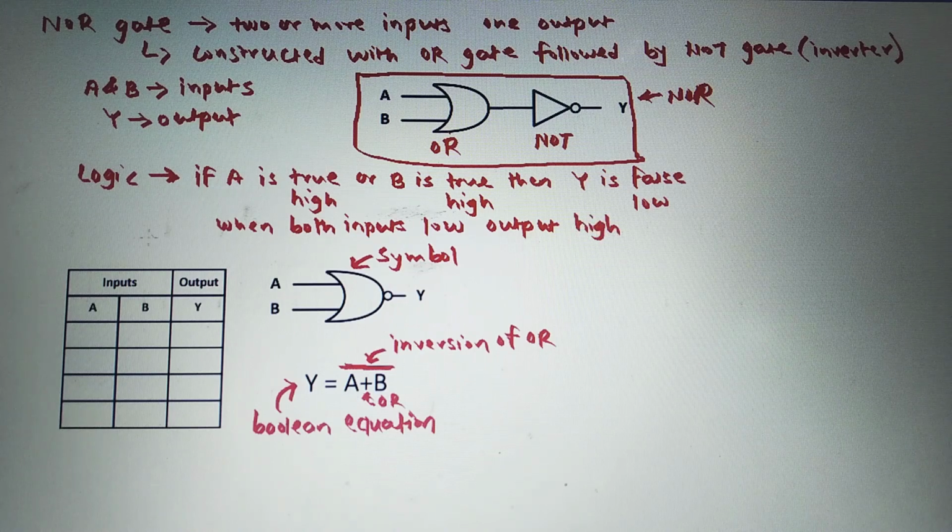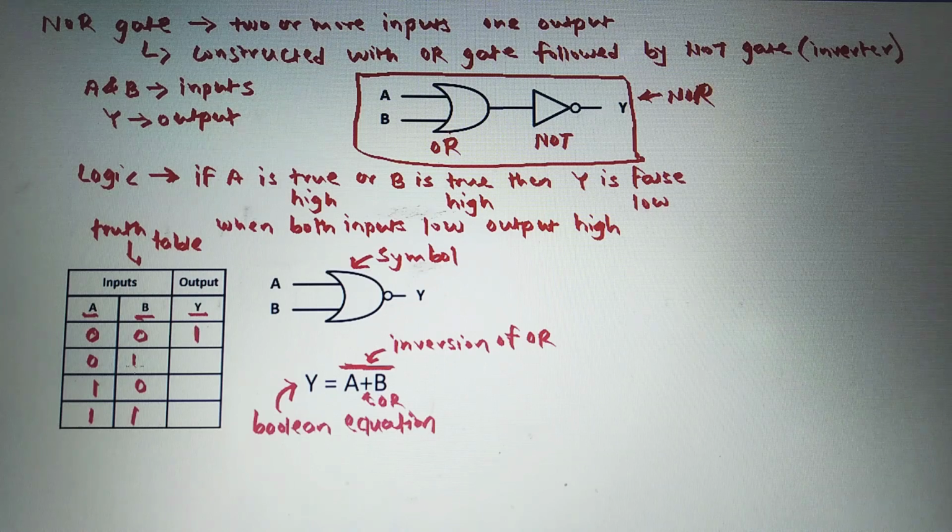So see this truth table for this two input NOR gate, in which A and B are the inputs and Y is the output. As there are two inputs, there are four possible combinations: 0 0, 0 1, 1 0 and 1 1. In the first combination both the inputs are low, then the output is high.